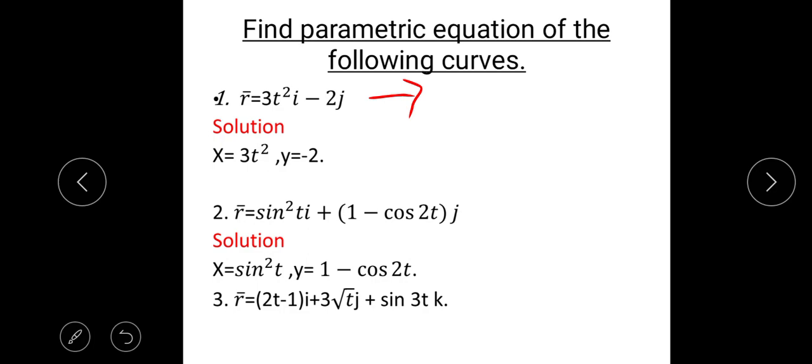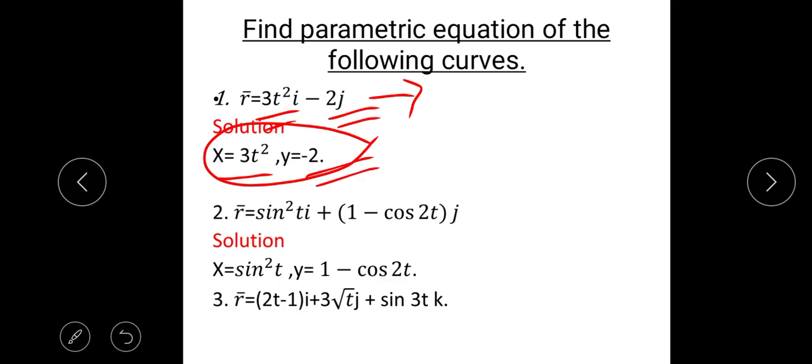How can we write the split up form? You collect the corresponding coefficients of i and j in this case. So x is equal to 3t square, y is equal to minus 2. These different equations, taken together, are called the parametric equation of the given curve.